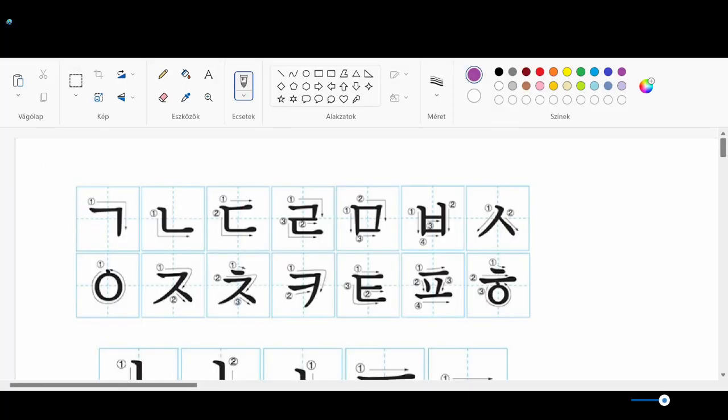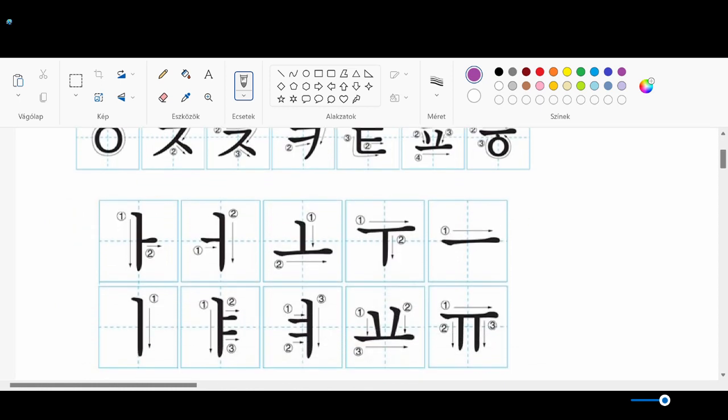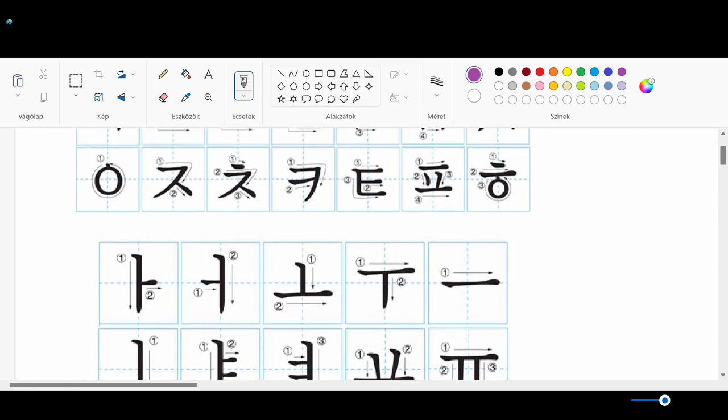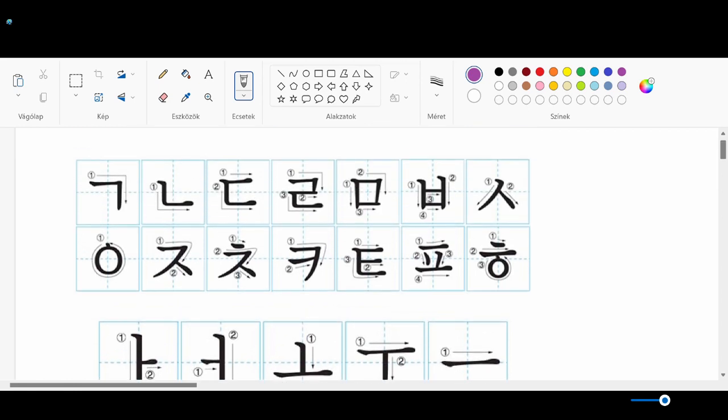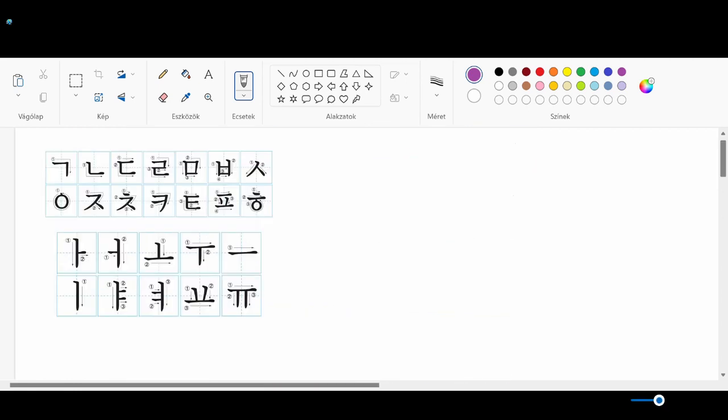And moreover, some important things that you must consider when writing in Korean. So there is a writing order. You must always try to write from top to bottom and from the left side to the right side. Although it must be admitted that sometimes it is difficult to follow this rule, you must try your best.